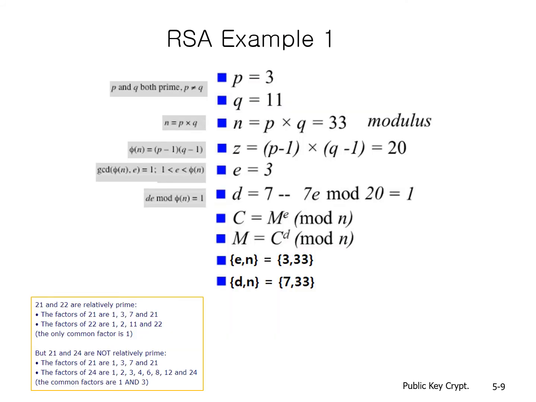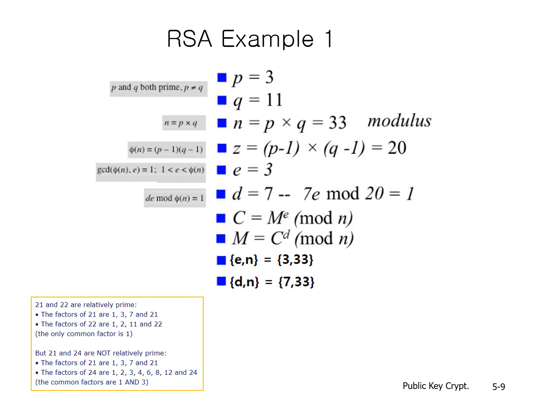Let's see an example. Actually, the integer numbers are very, very big. But here, we use a simple, small number to show how the RSA algorithm works.